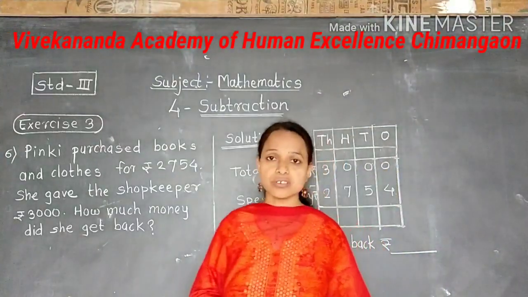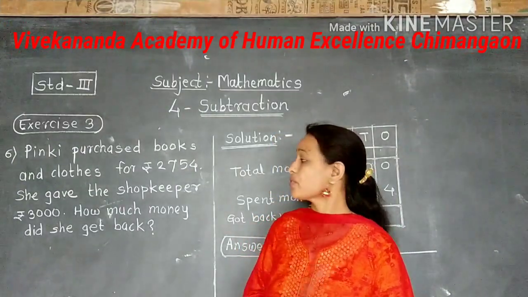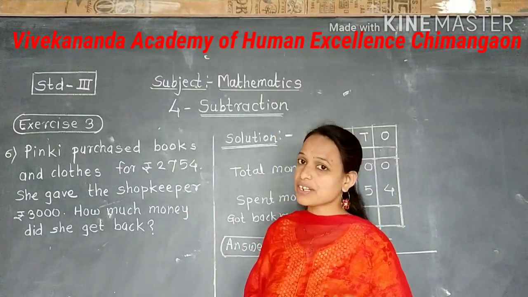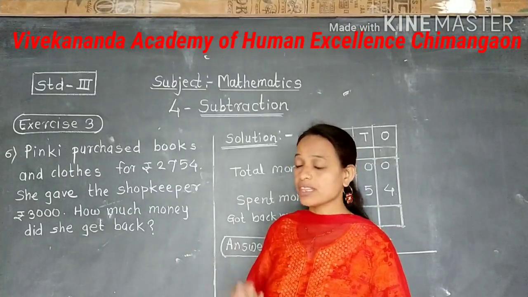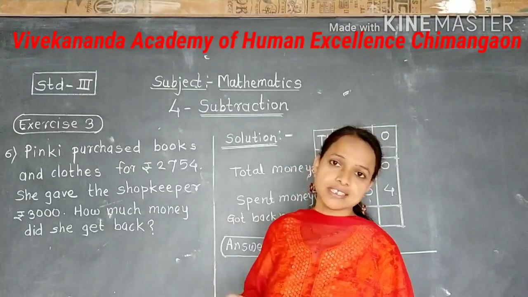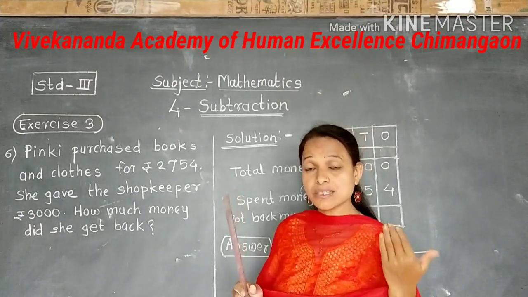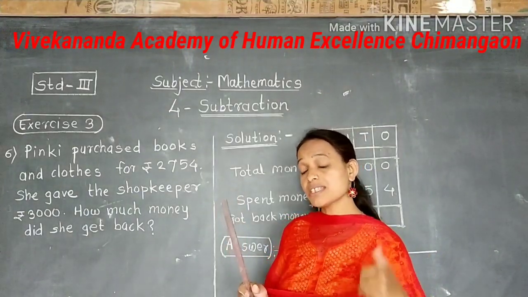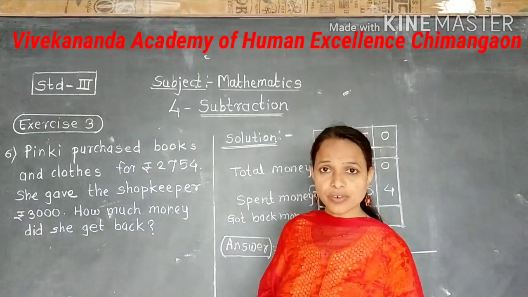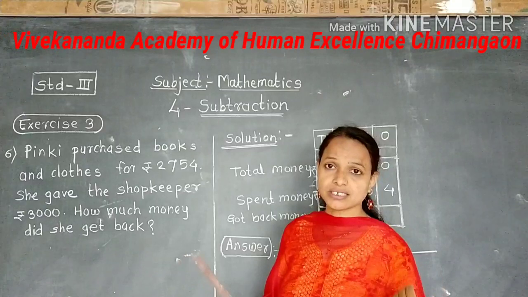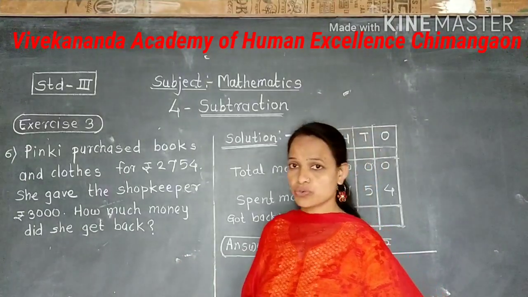Here, how much money she spent and how much money she gave the shopkeeper is given, and what you have to find out is how much money she got back. So let's see its solution.